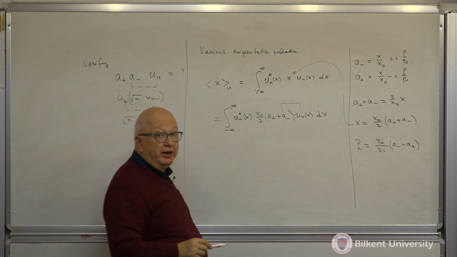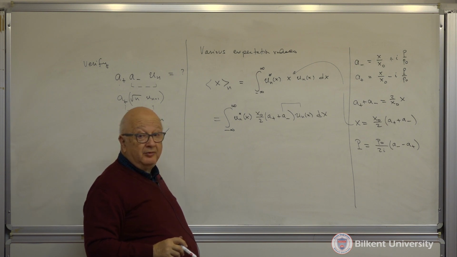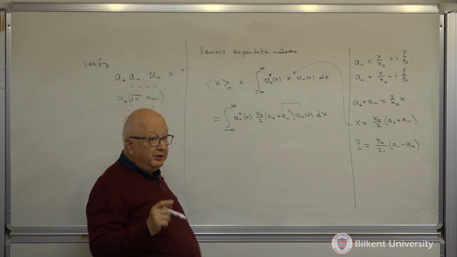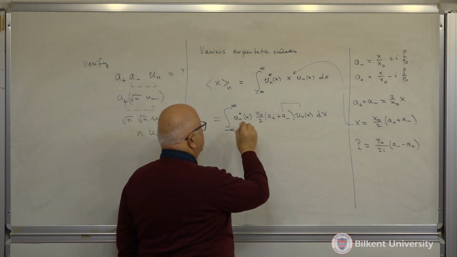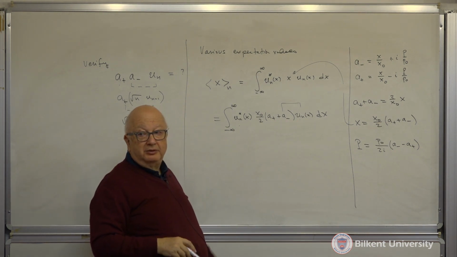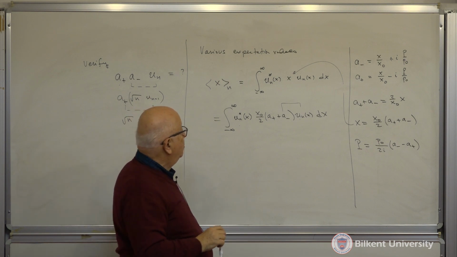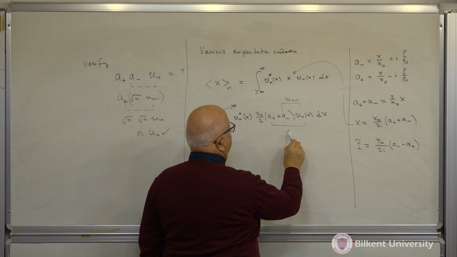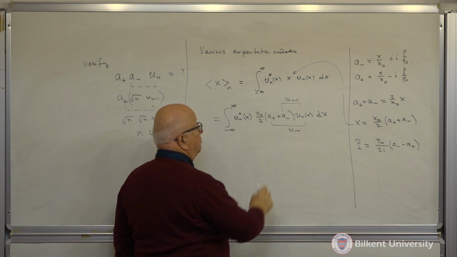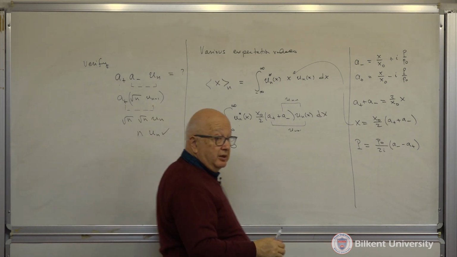A minus times un. Yeah, okay, but what is the function? Un minus 1, right? So what is the integral of un minus 1 with un? 0, right? These are all orthogonal. Eigenstates of the Hamiltonian are all orthogonal. So this is going to give me un minus 1, and that is going to give me un plus 1. And both of those integrals are going to give me 0. Okay? So that makes sense.